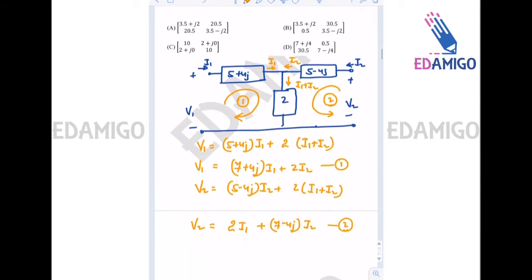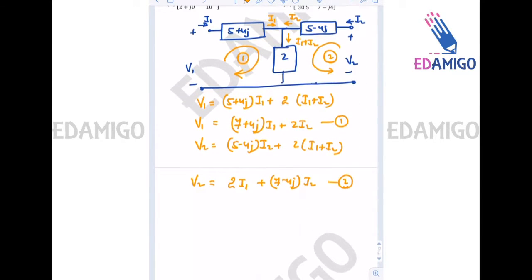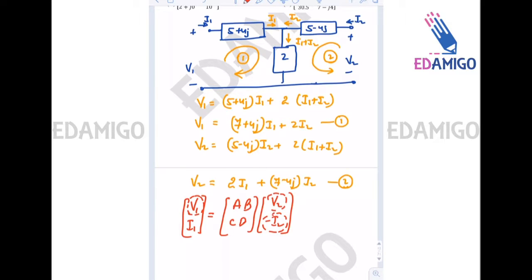Now for the ABCD matrix, we need the relationship of V1 in terms of V2 and I2, and similarly I1 in terms of V2 and I2.